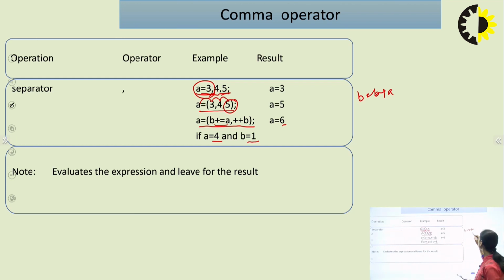So if the value of a is 4 and the value of b is 1, the value of b becomes 5. Plus plus b will pre-increment it, that means the value of b becomes 6. It will first solve this and proceed to the next value and will display plus plus b, that is the value of b as 6. Now this value of b as 6 is to be stored in the variable a, and hence the value of a becomes 6.